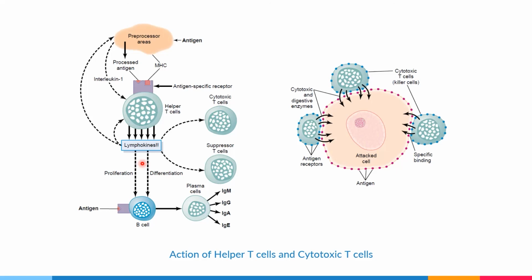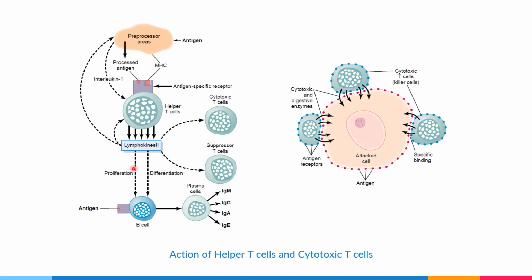The first thing they do is they help the proliferation and activation of cytotoxic T cells and suppressor T cells. Next, they allow the proliferation and differentiation of B cells so that they produce plasma cells, which in turn produce antibodies.